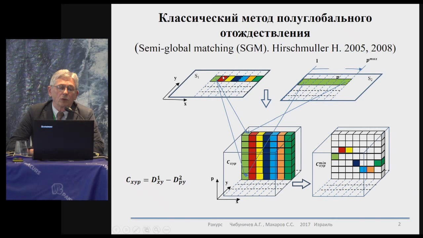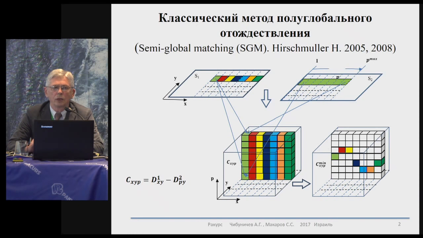That's what we do for all pixels. The second pixel is again compared with all the pixels, with all the changes of the lateral parallaxes on the right image, and we get this structure of values of matching. Then we analyze these values for identification of minimal values.